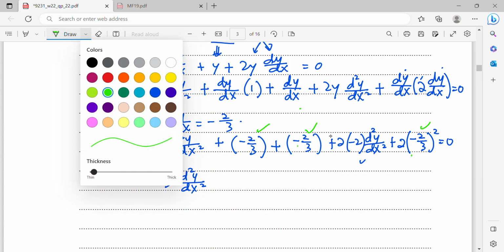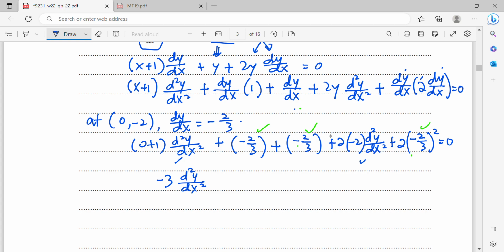When you get the total, it will be 4 over 9. Now divide the 4 over 9 by negative 3, and I will be getting negative 4 over 27.